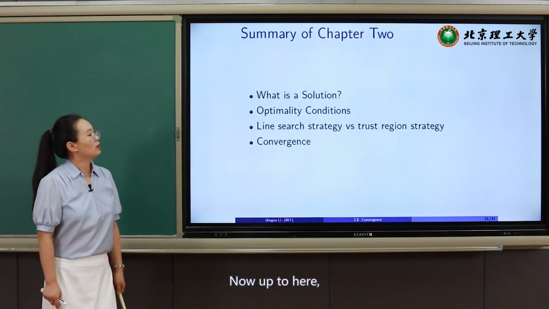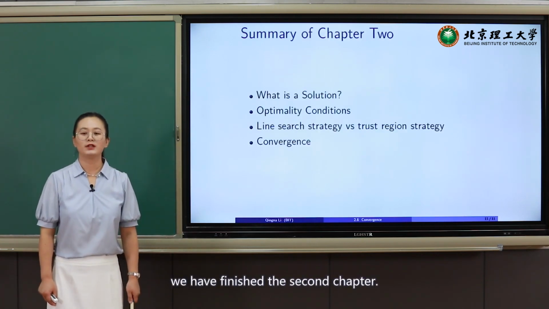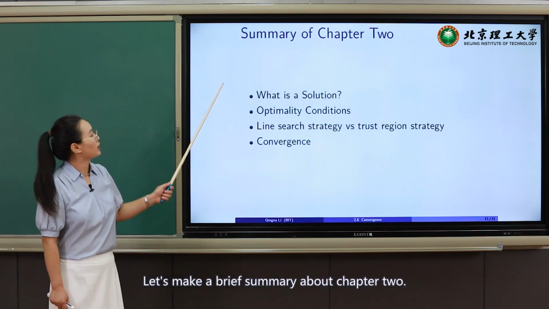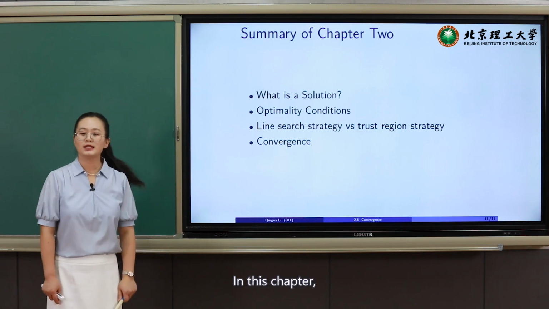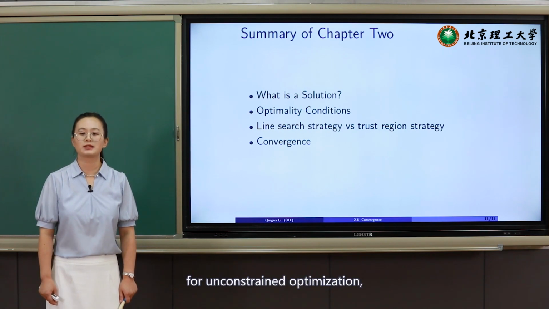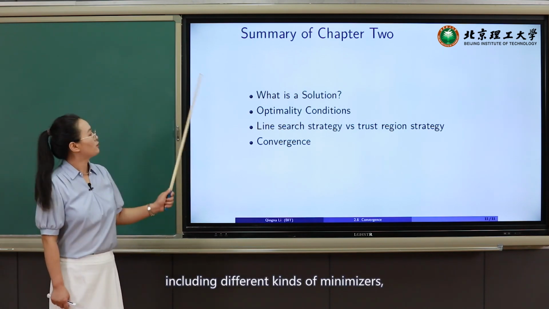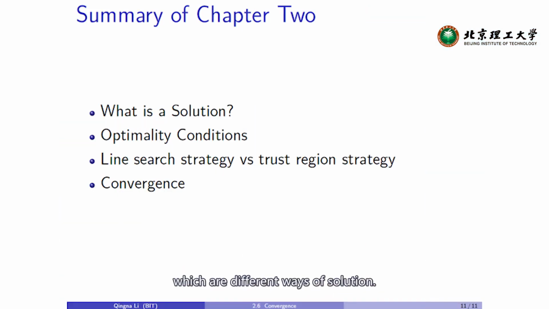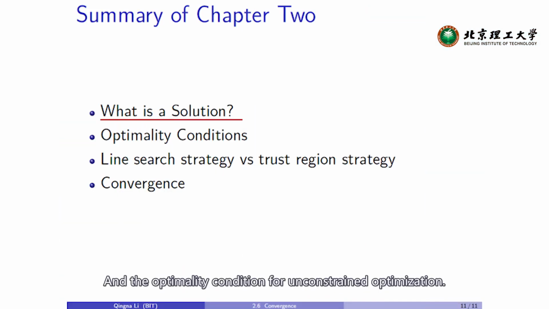Up to here, we have finished the second chapter, and let's make a brief summary of chapter 2. In this chapter, we introduced some fundamentals for unconstrained optimization, including different kinds of minimizers, which are different ways of solution, and the optimality conditions for unconstrained optimization.